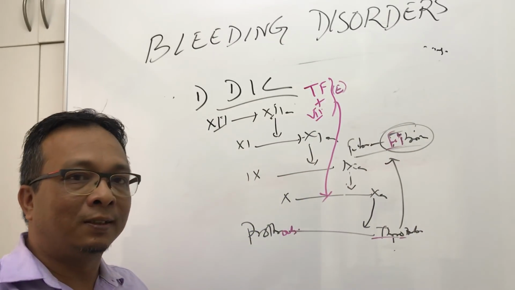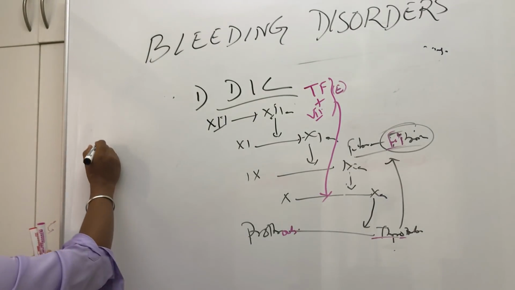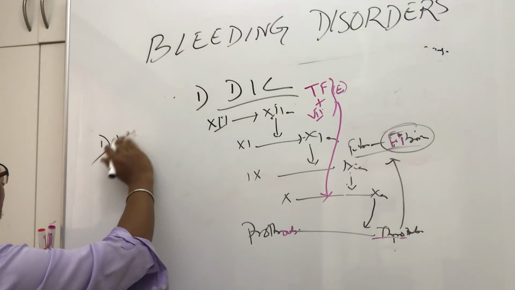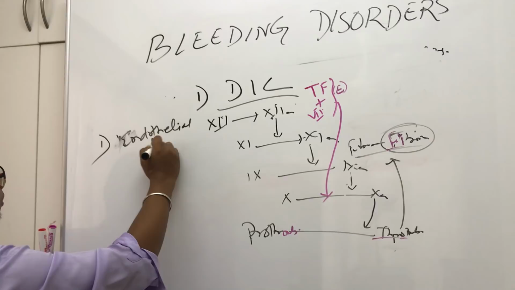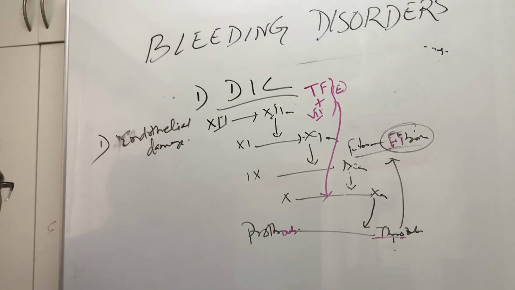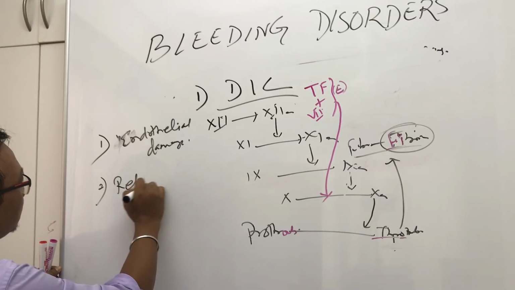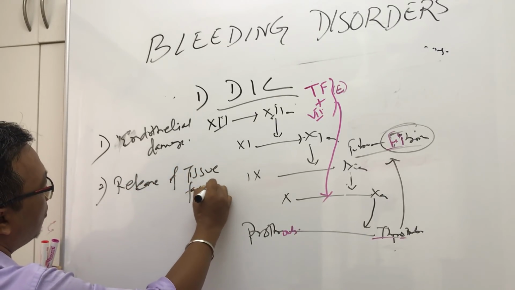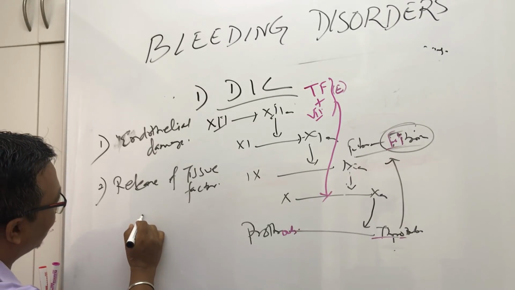Now what happens in DIC? Remember, the basic pathology of DIC is widespread endothelial damage. First thing. And next thing, there is release of tissue factors. Now when the endothelium is damaged, let's see what the endothelium is.